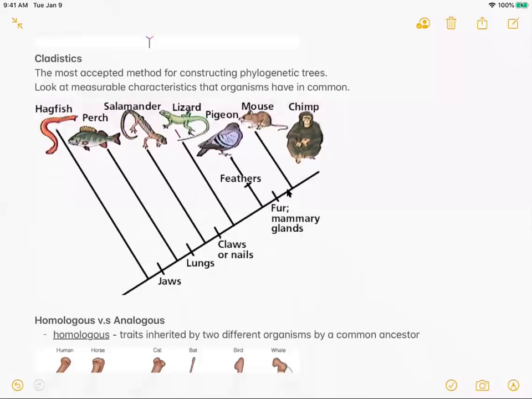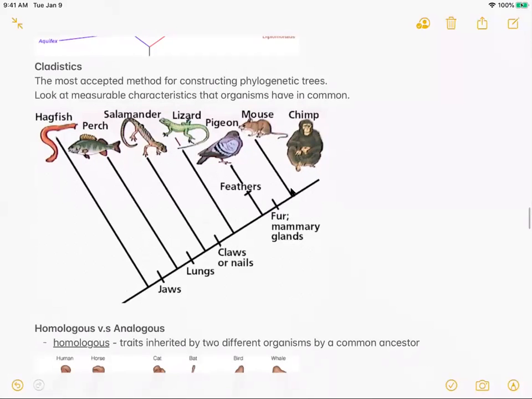If you're looking at, in this case, the cladogram, you're just looking at different traits and relating them. So we know at these nodes where the two lines meet, there is a common ancestor, but we don't necessarily know what it is. Using this method, we can infer that there was some sort of organism that occurred in between those.